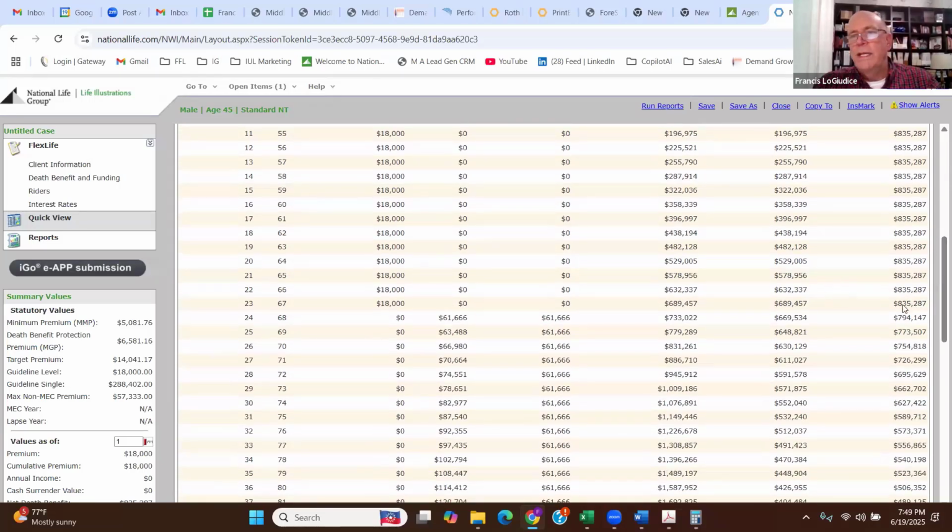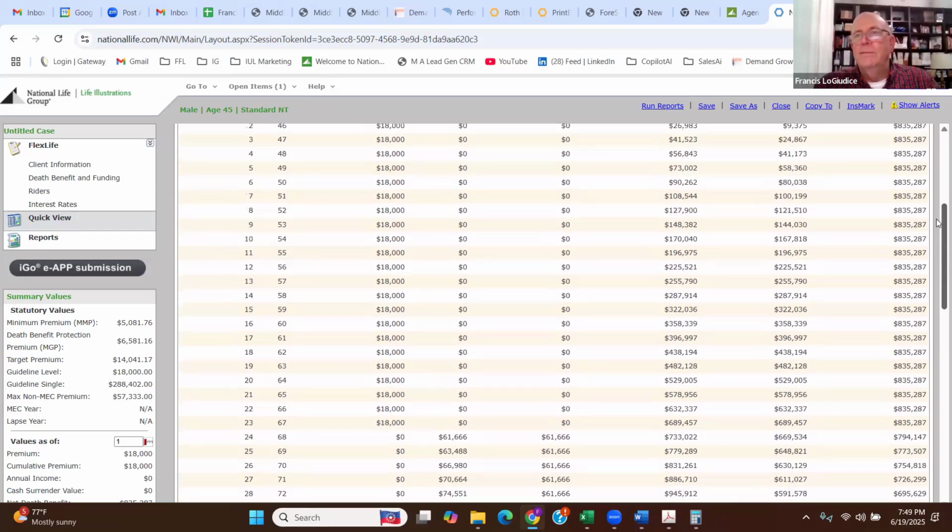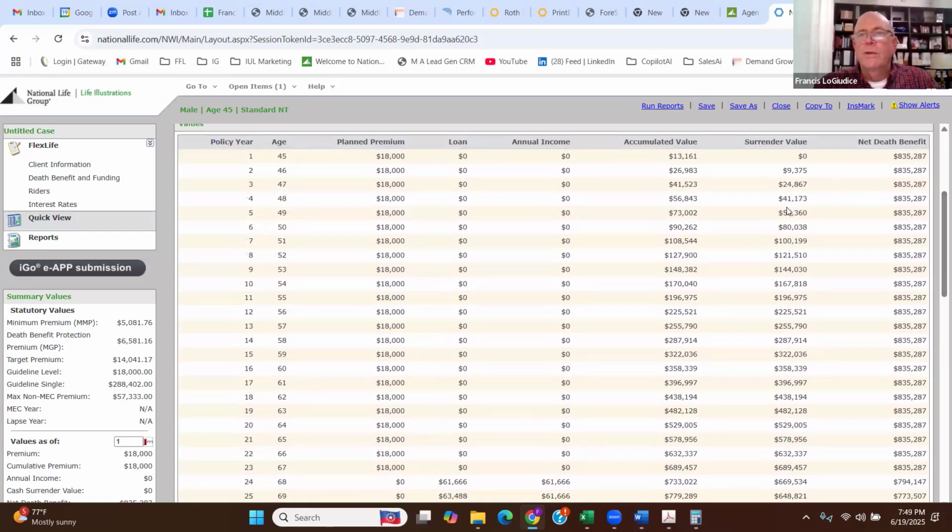Wow, 600 plus 800, that's 1.4 million? No, this is the net death benefit. The surrender value is already calculated into the death benefit. So if you take out 100,000 right here, this is going to reduce this 835 down to 735.